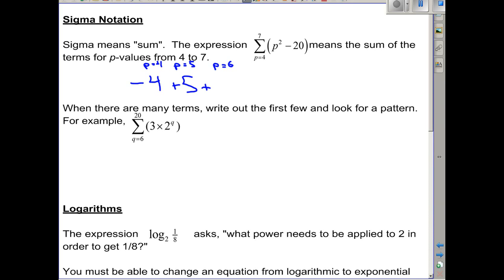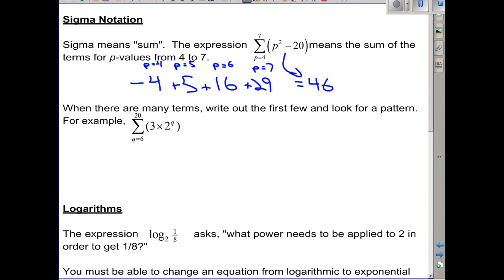If I put in 6 for p, I'll get 36 minus 20, which is 16. And if I put in 7 for p, I'm going to get 49 minus 20, which is 29. Okay, add them all up, and the sum is going to be 46.